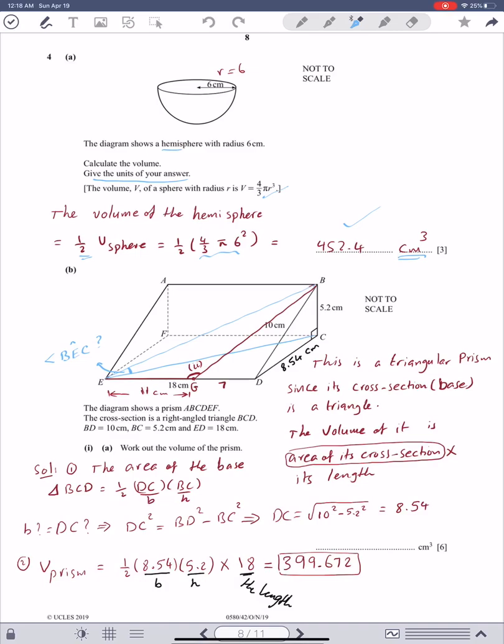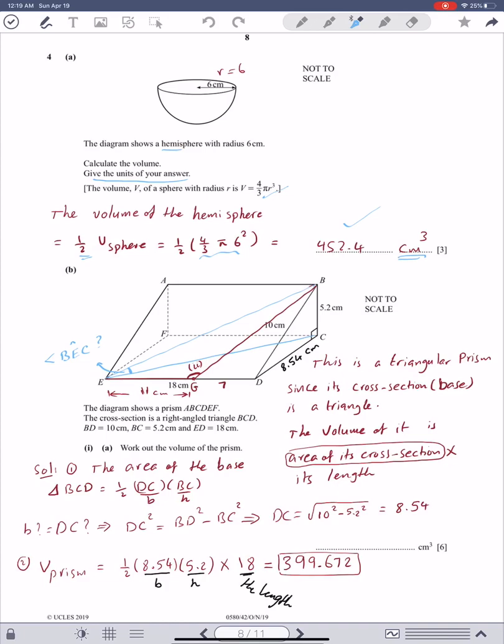Alright, let's focus on part B. You are given a prism. The diagram shows a prism A, B, C, D, E, F. The cross section, which is the base of the prism, is a right-angled triangle.